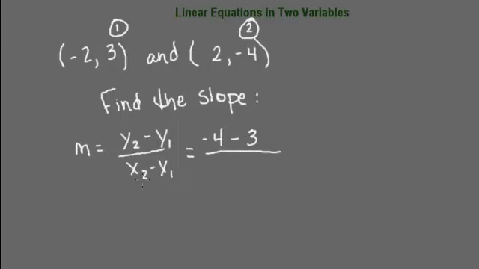Then I need the x value from point 2, that would be a 2, minus the x value from point 1, that would be a negative 2. Calculating this value, I would have negative 7 over 4. The slope between these 2 points is negative 7 over 4.